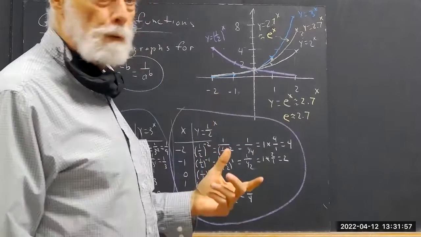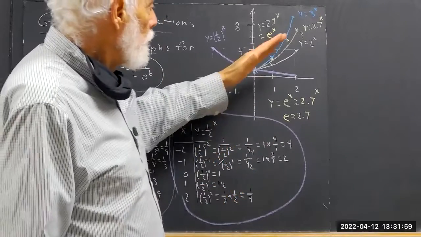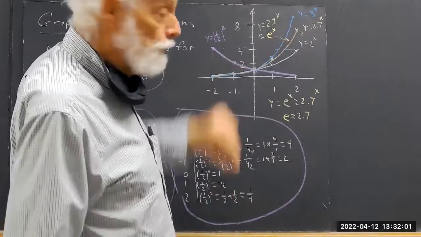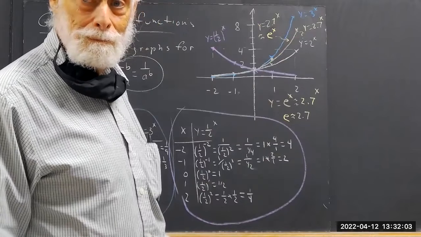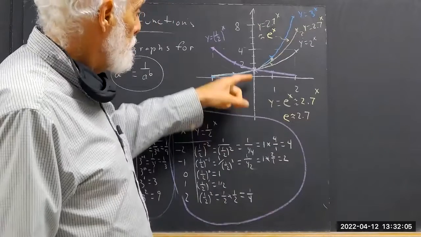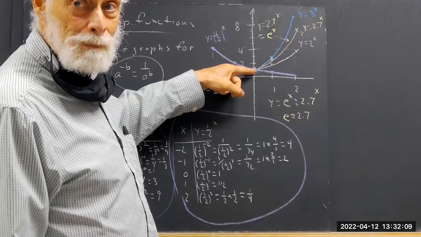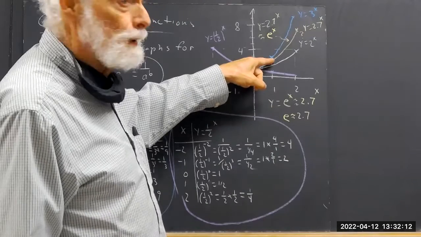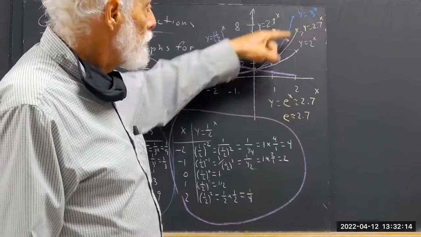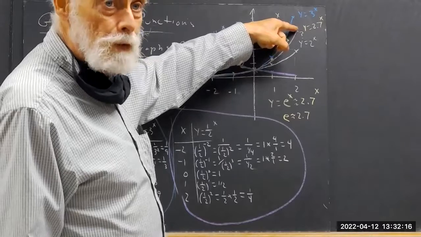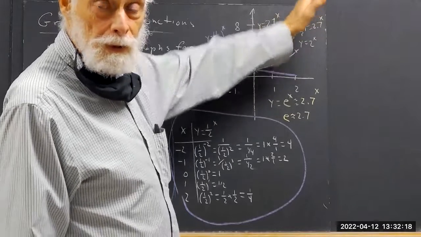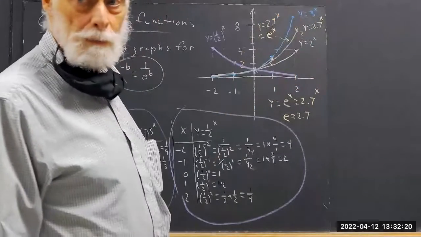It has the property that the slope of the graph at any point is equal to the value of the graph. So the slope of the e to the x graph at this point should be 1. At this point, it should be e, which is about 2.7. At this point, it should be 2.7 squared. The slope should be equal to the value, okay?